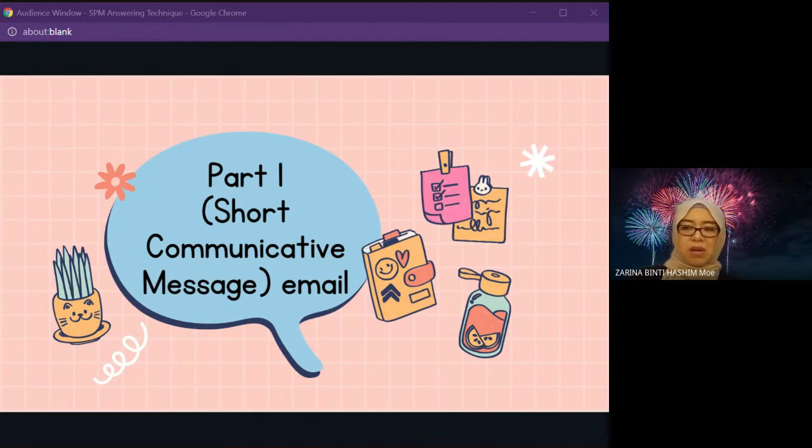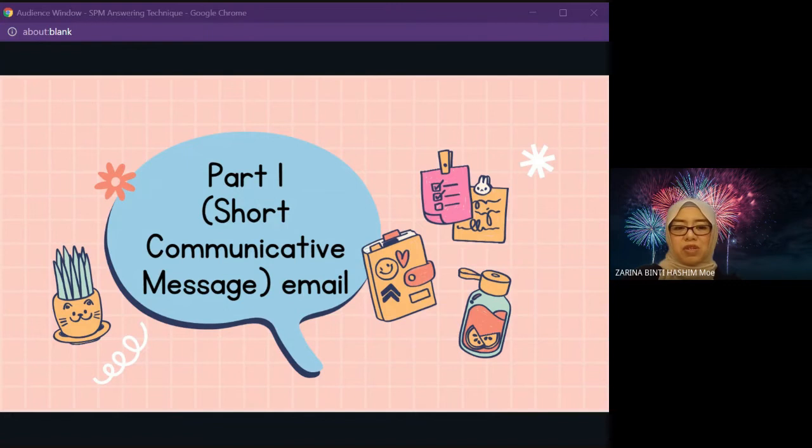Means you are given a message, and from that message you have to write a short response or an email. It's stated here about 80 words, which means it can be more than 80 words, but if possible try not to write fewer than 80 words, because you might not elaborate or give the details needed for the question to be awarded 20 marks.